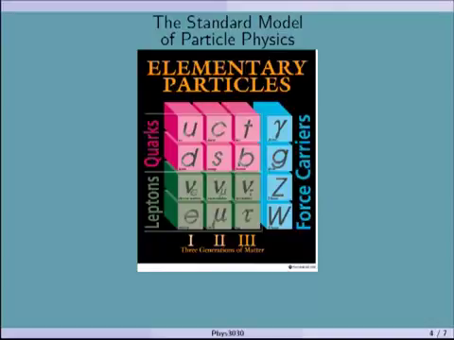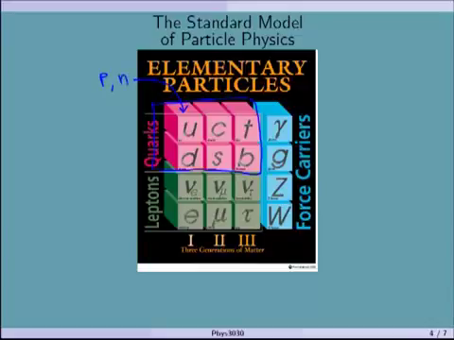So this is a chart of the elementary particles. We have a couple of other ways of categorizing them. First of all, this block here is the quarks. The up and down quarks are what make up protons and neutrons.